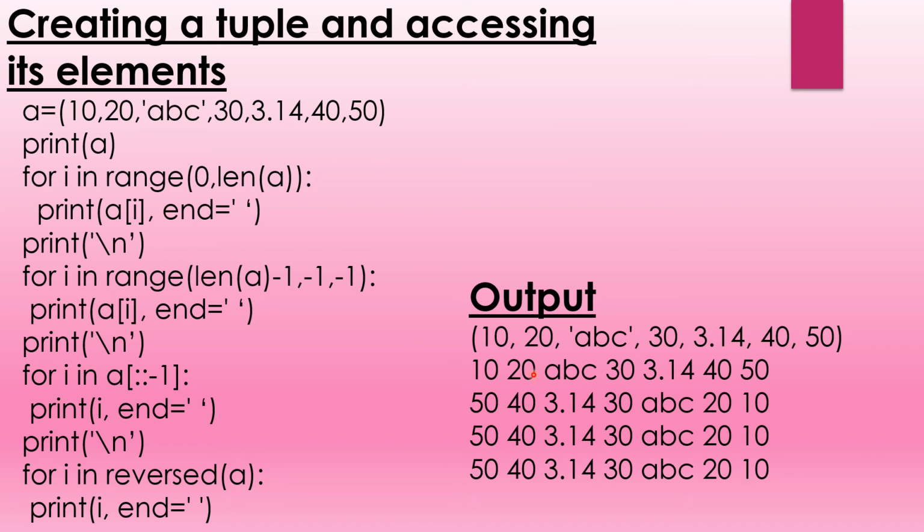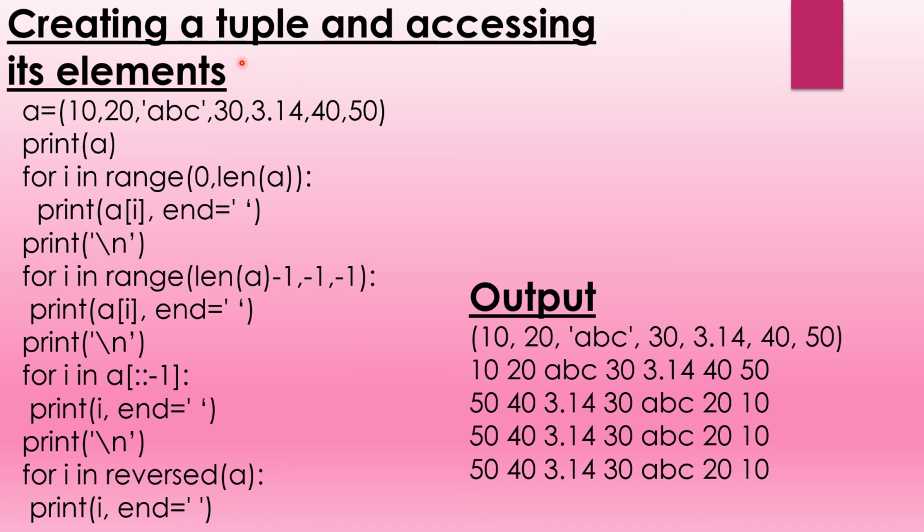Again this will be printed as you can see. Then the \n means it will start printing from the next line. Then this is used for reversing, so it will be reversed, as you can see, 50, 40. And this is also another method for printing, reversed, which is also used for reversing, and now end. And there is a gap. So this is basically how we can create a tuple and access its elements.